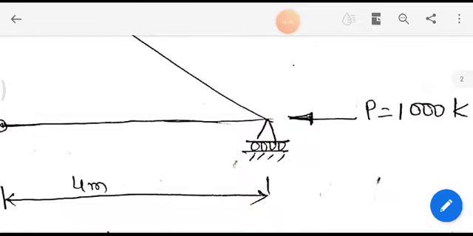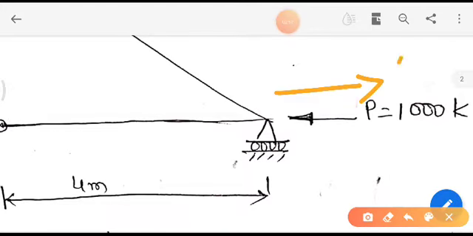So we have displacement u3 in the x direction, and we don't have displacement u4.